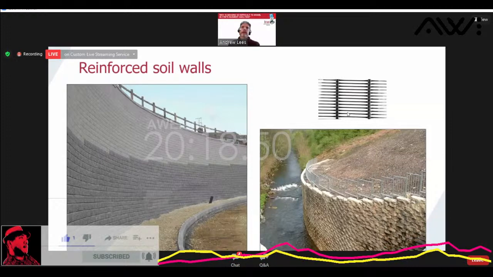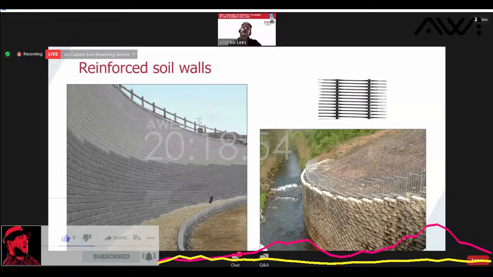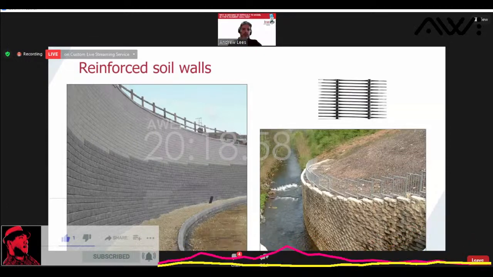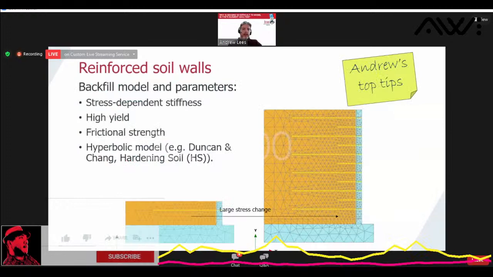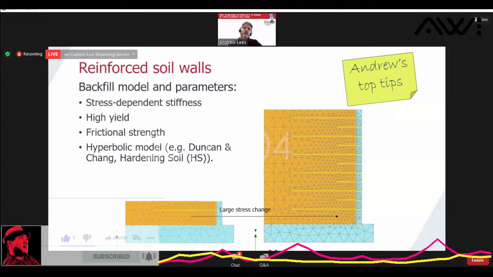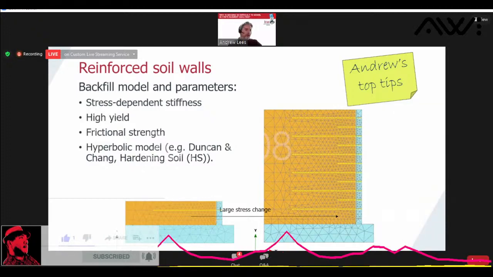Now, before I go into the mechanical stabilization part, I thought it'd be useful just to give you some of my top tips for modeling reinforced soil walls. If ever you've tried to do this, you may have found it rather difficult. Particularly reinforced slopes.